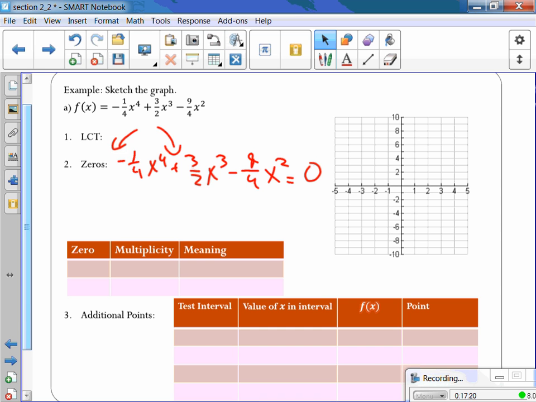Multiply by 4. Or in this case, we can actually multiply not just by 4, but by negative 4. 2 won't do anything to those 4s, guys. But no. 4, as Dominic said, will get rid of all the denominators, but since we already had that negative in the beginning, if I multiply everything by a negative 4, I'm going to have what?